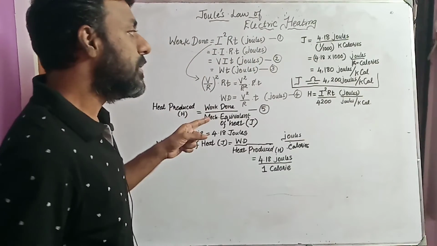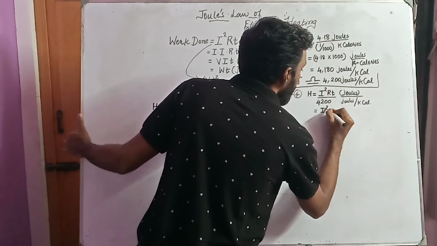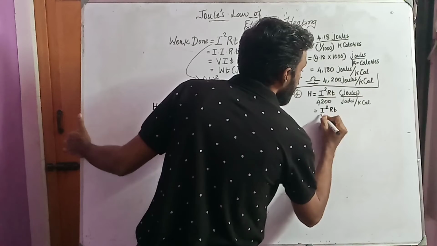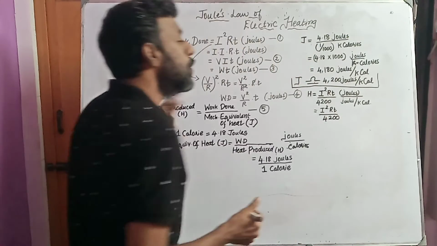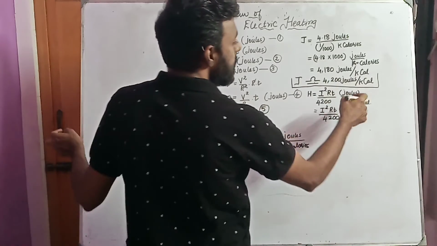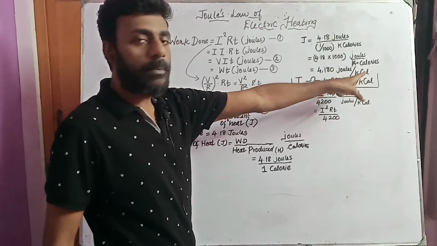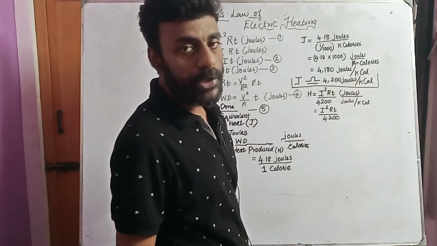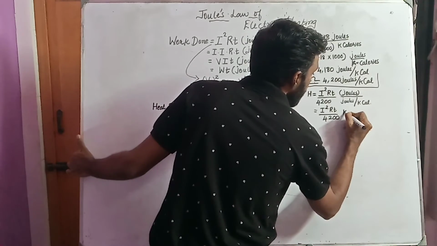So now what will happen? This will become I squared into R into T divided by 4200, and the unit will become joules. When it goes to the numerator, this kilocalories will come to the numerator and joules will come to the denominator. So joules and joules will get cancelled, and you are left with kilocalories.